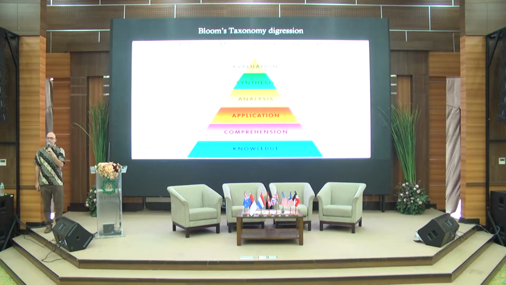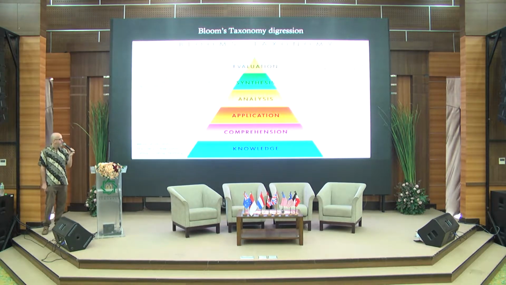I'd like to digress slightly now. This is Bloom's taxonomy. I'm not sure if anyone is familiar with this, but this is a way of grouping knowledge and information. You see at the bottom, it starts with knowledge. This is the kind of level you'd be studying at primary school, maybe. And then it goes through comprehension, application, analysis, synthesis, and evaluation.